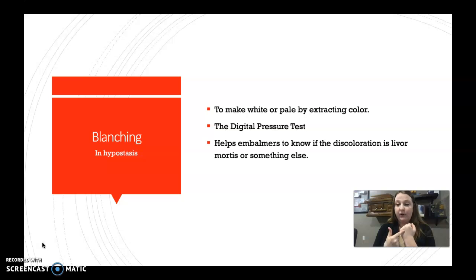If where you pressed with your finger you see white, and you see the color dissipating from the surface, that is a telltale sign of livor mortis that you can get out with embalming and proper technique. This is something very important to know as an embalmer.